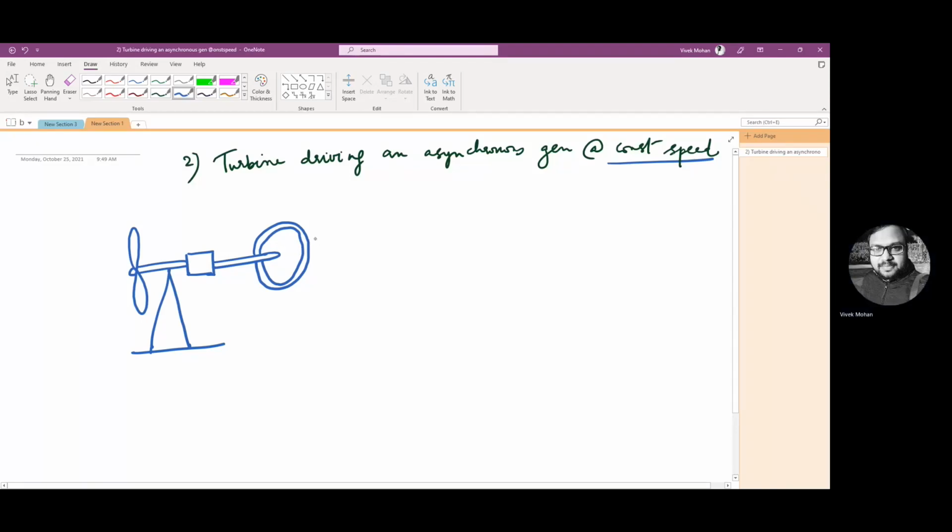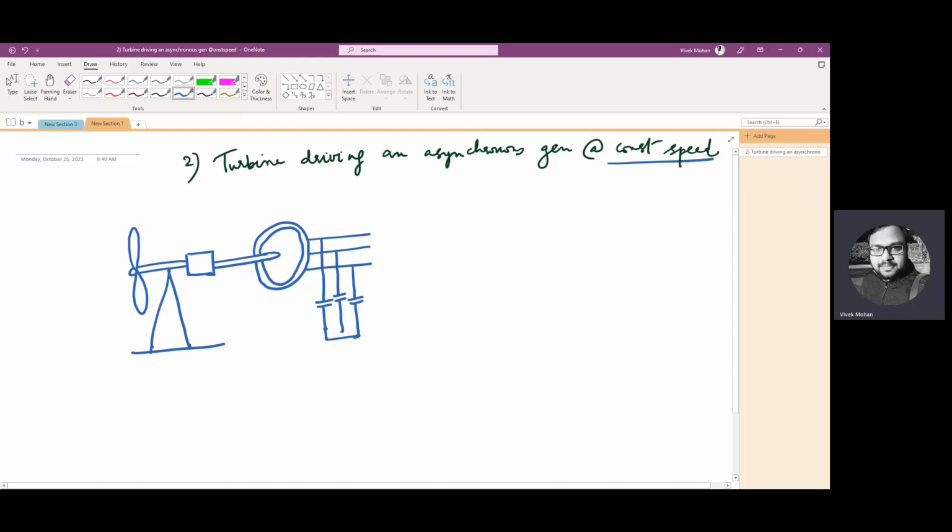Then I have three-phase power generated from the induction generator, and I have capacitor banks to support reactive power like this. Now this is my transformer, again three-phase output connected to the grid. Grid I am representing by infinity.